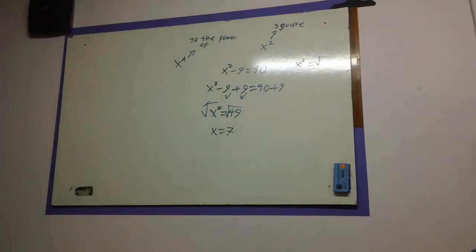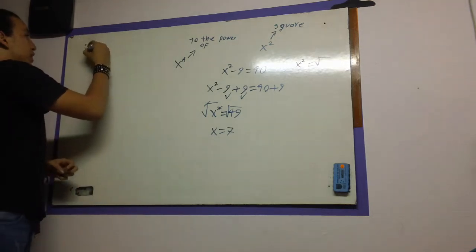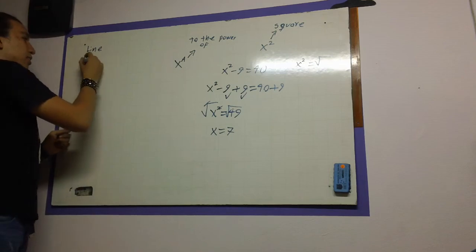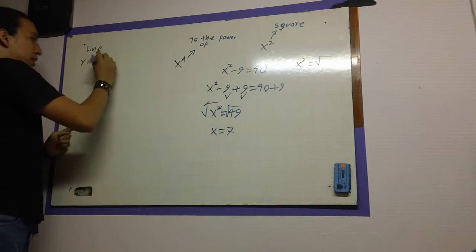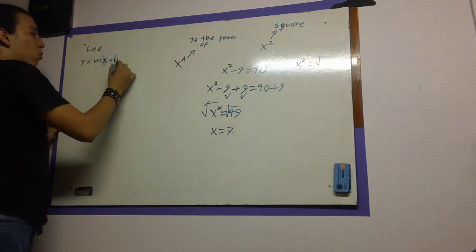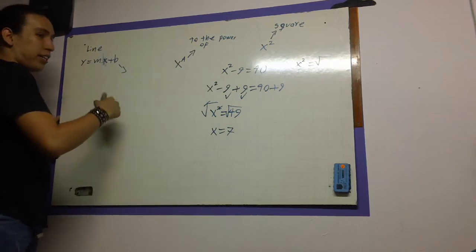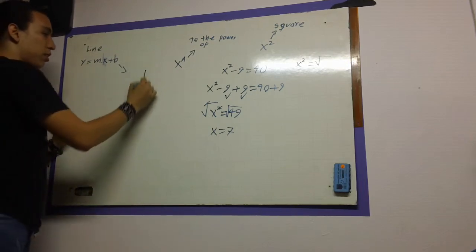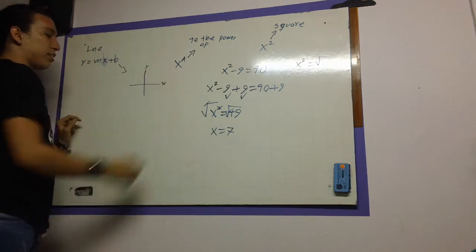The functions you usually need to know are the linear function. Just a line is composed by an equation that has y equals m times x plus b, where b is where the line cuts with the y axis. So this is the y axis and the x axis.